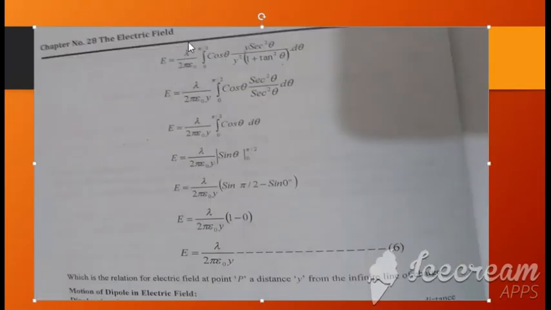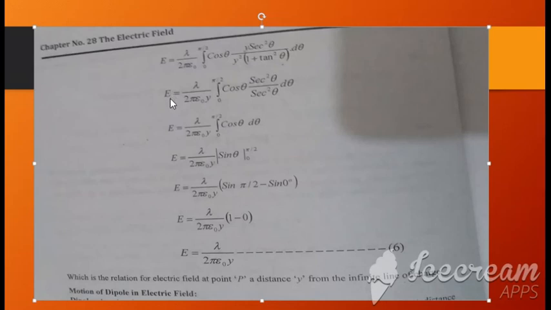Then E is equal to lambda over 2 pi epsilon naught integral limits 0 to pi by 2 cos theta y secant square theta over y square, by taking y square common and taking out of the brackets, then within brackets 1 plus tan square theta.